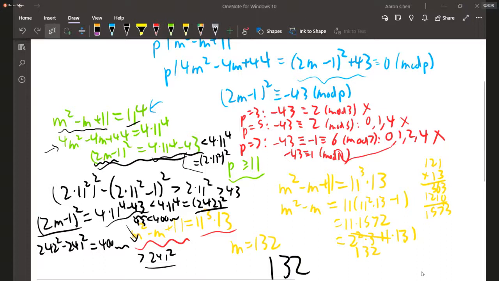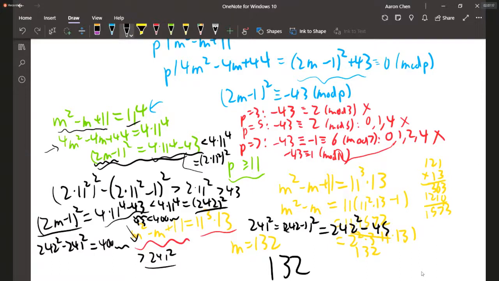Basically, 241 squared is (242 minus 1) squared, which is 242 squared minus 484 plus 1, which is 4 times 11 to the 4th minus 483.